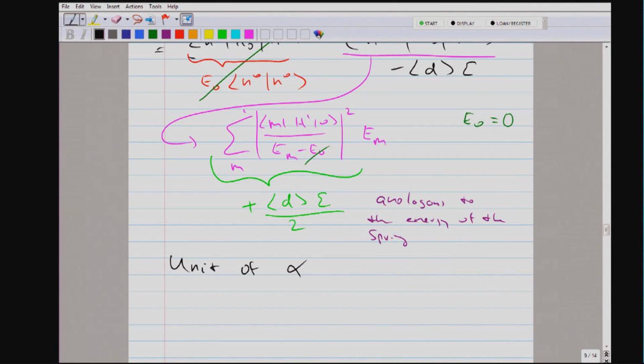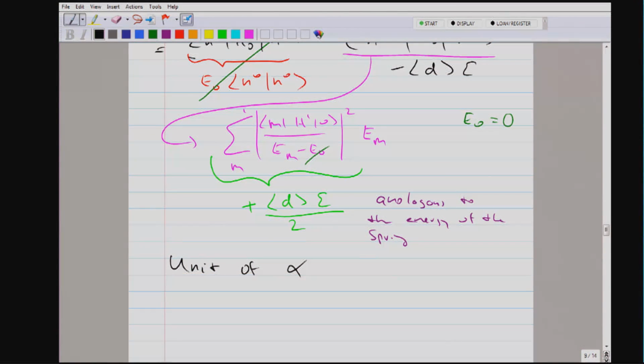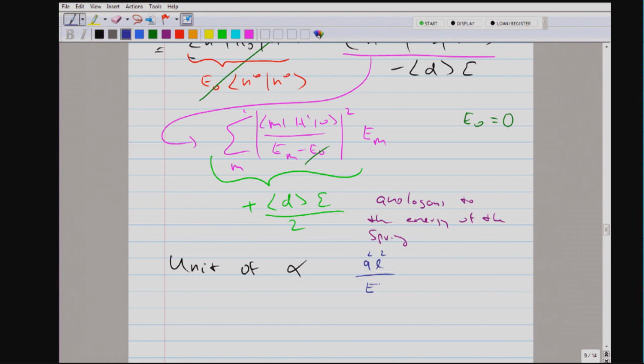You can go back to the second order perturbation result, but the units of alpha were the charge times the length. This was the dipole operator. It was squared. And in perturbation theory, we divided by energy because we had an energy denominator.